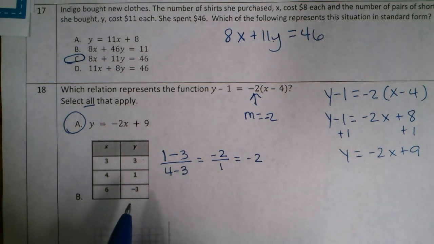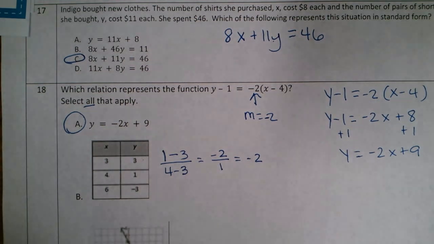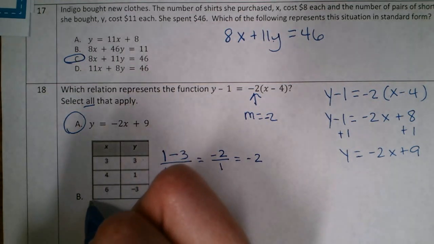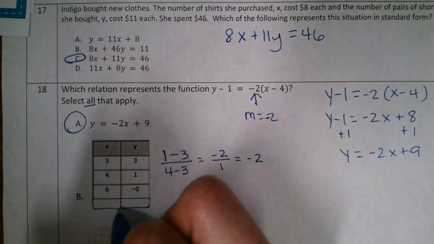I'm wanting to see if the y-intercept is the same. Is my y-intercept 9? So if my slope is negative 2, I could do this a few different ways. I could figure out my pattern.